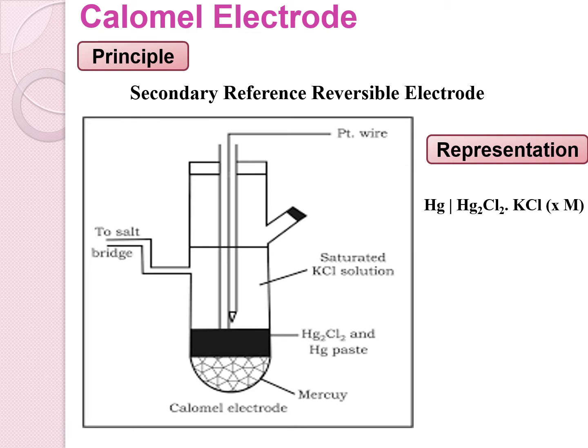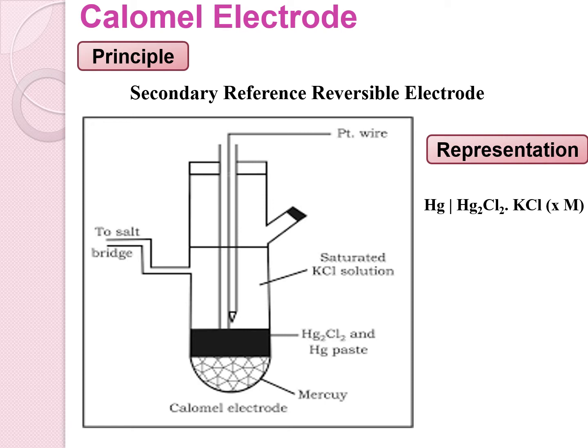Here mercury is in contact with mercurous chloride and that is in contact with KCl, so we can represent it as mercury slash mercurous chloride slash KCl, X molar. Now what is this X here? We can take different concentrations of this KCl solution like 0.1 normal, 1 normal, or it can be saturated.